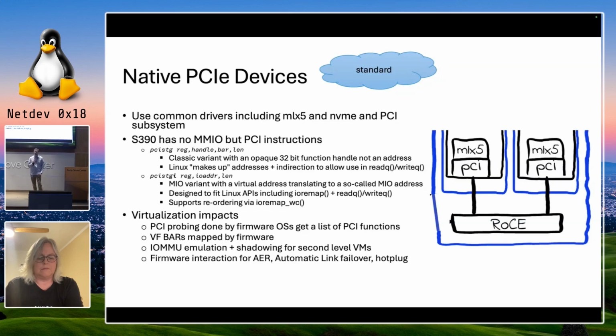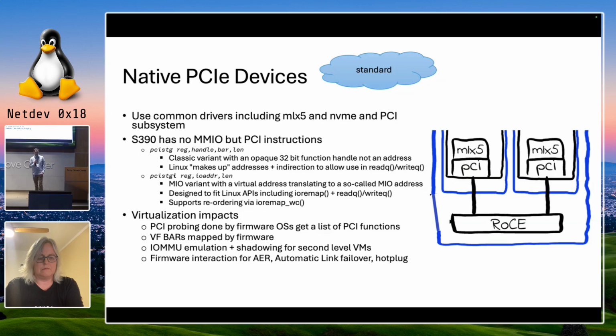But there's more, as the mandatory virtualization has some impacts. For example, we have the PCI probing done by firmware because, of course, the LPAR or KVM guest or z/VM guest never sees the entire machine unlimited, so to speak. So the PCI probing is done by firmware, and we do per PCI function pass through to those Linux instances.